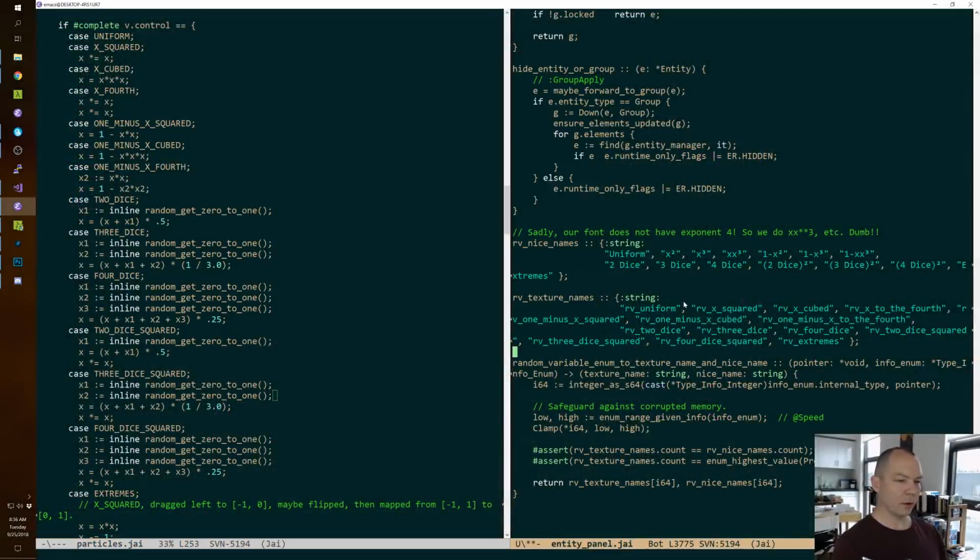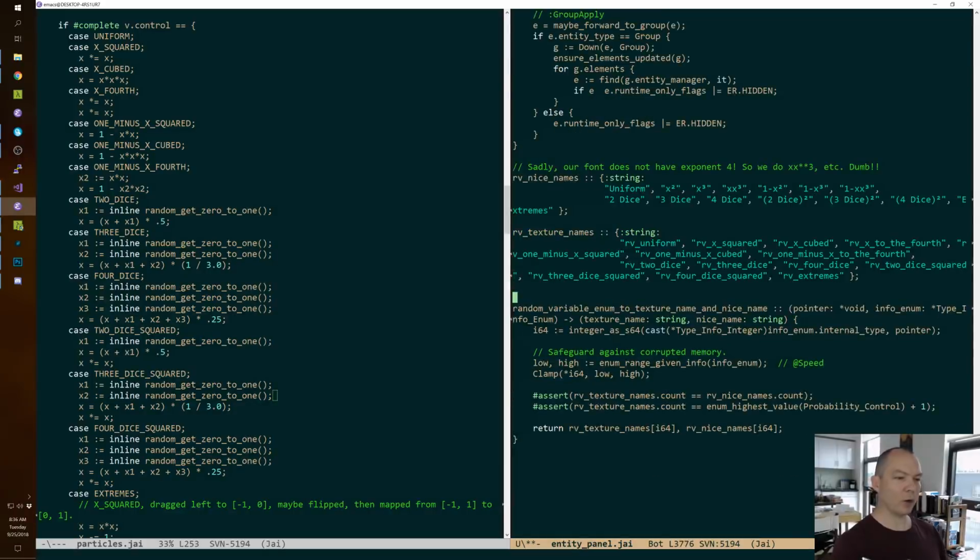So we're going to delete these texture names eventually, but we're going to have some graphs that we initialize. So we're going to say RV graphs. It's an array.